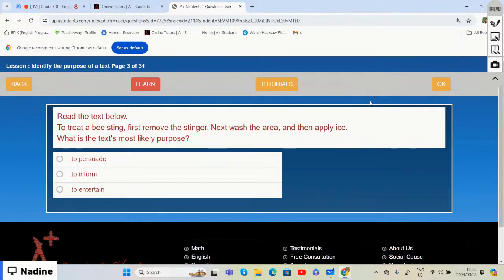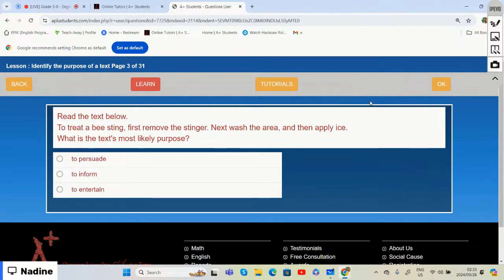To treat a bee sting, first remove the stinger. Next, wash the area and then apply ice. We need to say, what is the text's most likely purpose? Is it to persuade? Option one. Is it to inform? Option two. Or to entertain? Option three. Which one?